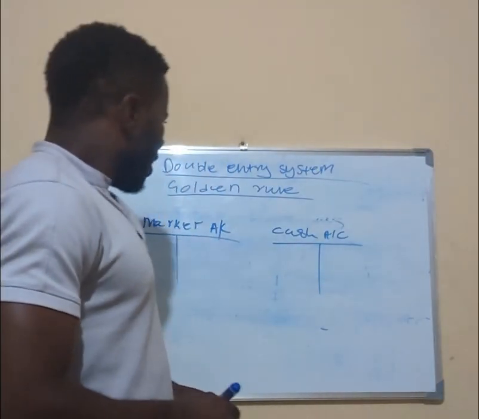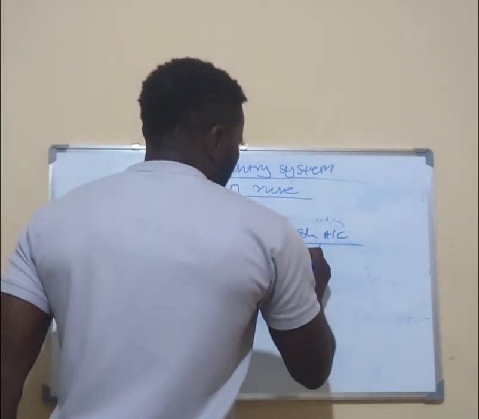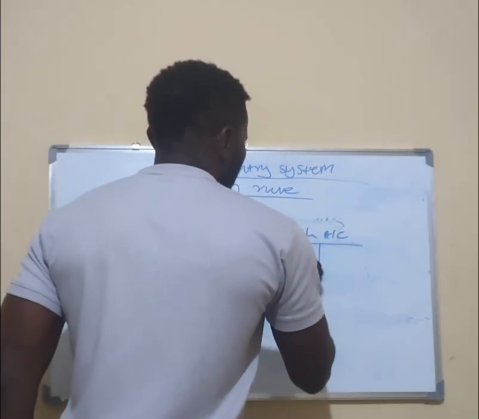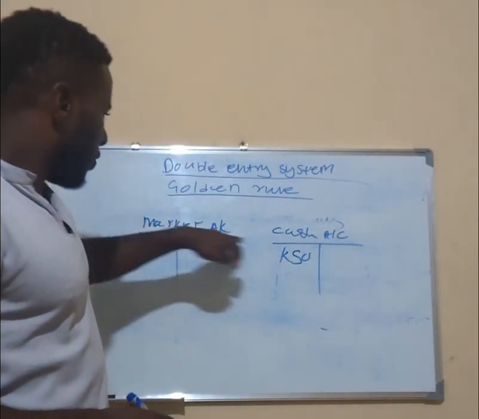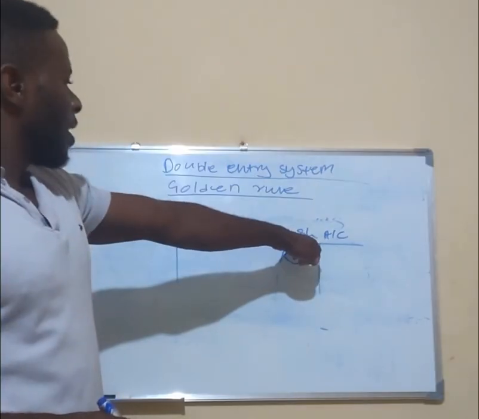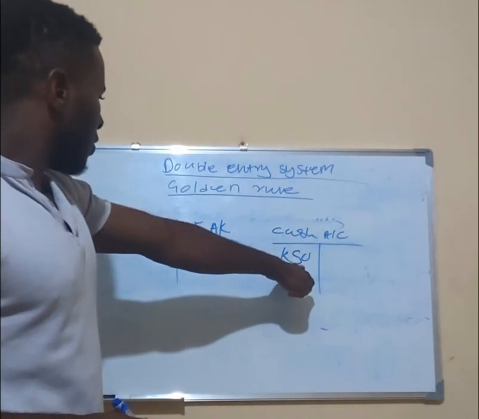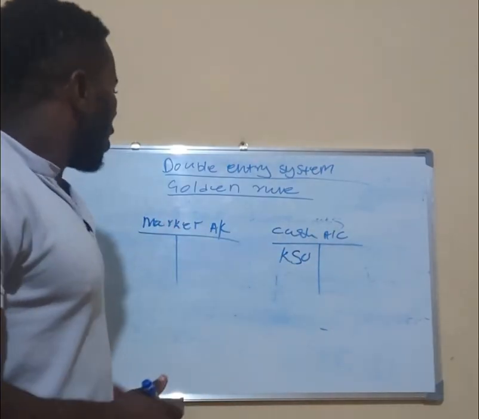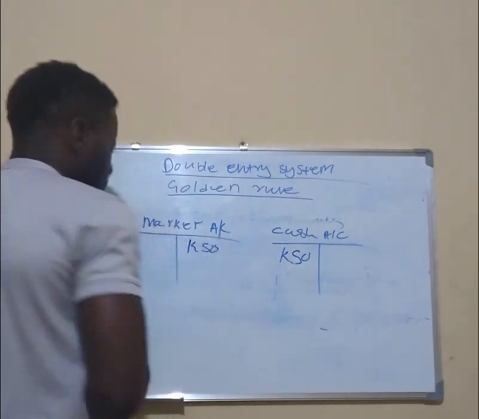Now, if there are two accounts involved, the marker account and the cash account, and we debit the cash account by 50 kwacha, definitely we are going to credit the other account by 50 kwacha.